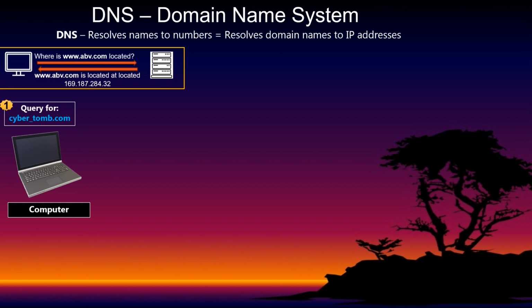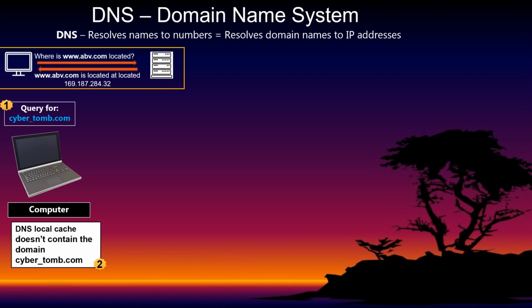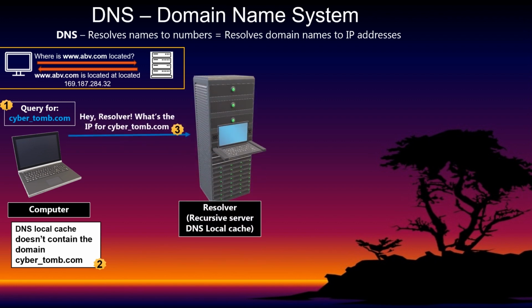cybertump.com. Once we perform the query in our browser, if the browser or the OS can't find the IP address in its own cache memory, it will send the query to the next level, called the resolver server, or the recursive server, or the DNS local cache.